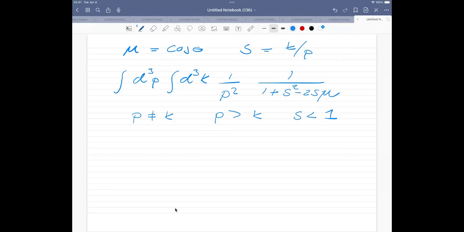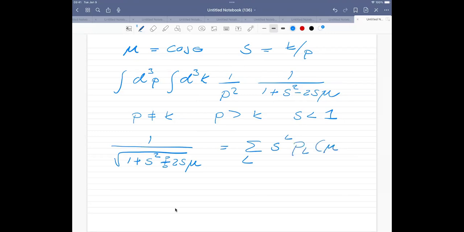So there is a very important generating function, and you may have seen that when you studied polynomials like the Legendre polynomials. I can write a quantity like this with a minus. This is normally called a generating function, and it is given by a sum from L equals 0 to infinity of s to the power of L, multiplied with a Legendre polynomial, which takes as argument cosine theta.